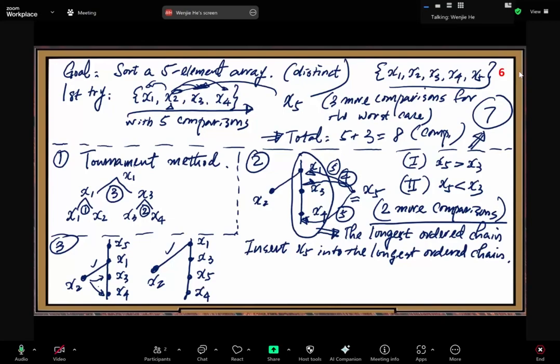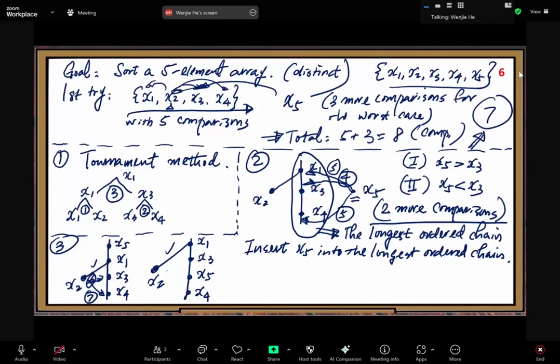Two more comparisons are enough to insert x2 into the current longest ordered chain. So number 6, number 7.